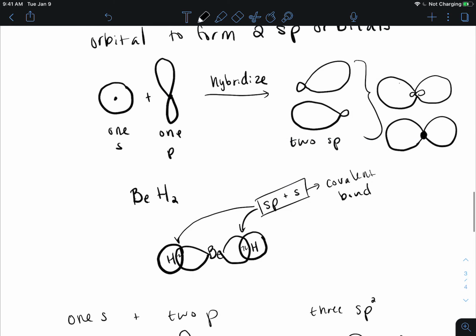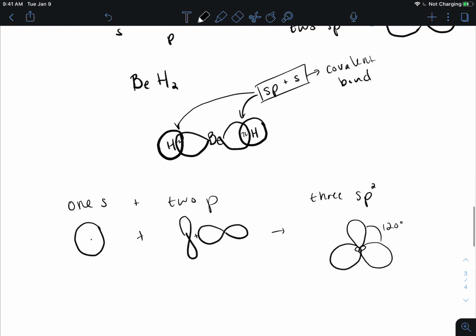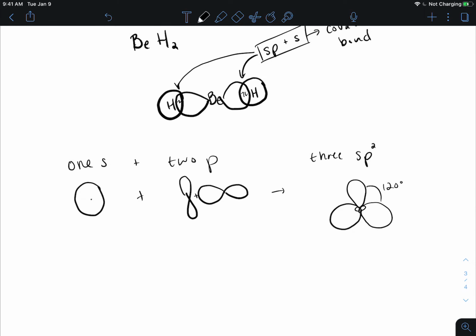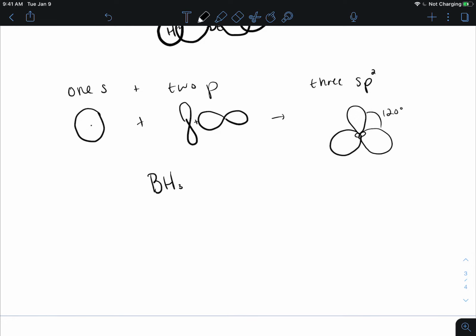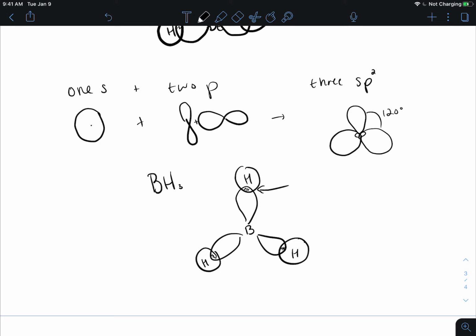I didn't specifically say this, but the sp orbitals are 180 degrees. Okay. An example of this would be boron trihydride. I'm just writing the little electrons in here. These bonds are formed by the overlap of an sp2 and an s orbital, like so.